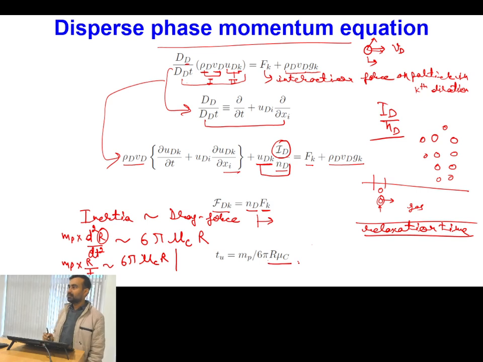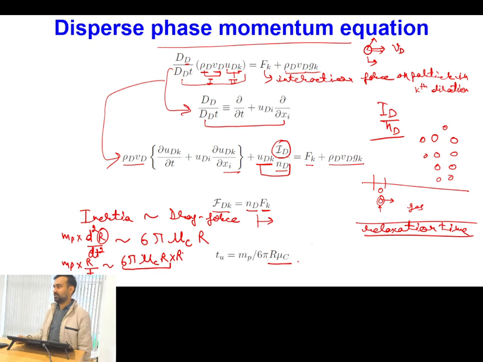Is this point clear? Okay, I have made one mistake. I think this will be stress, and then one more r will come here, so 6 pi mu r square.